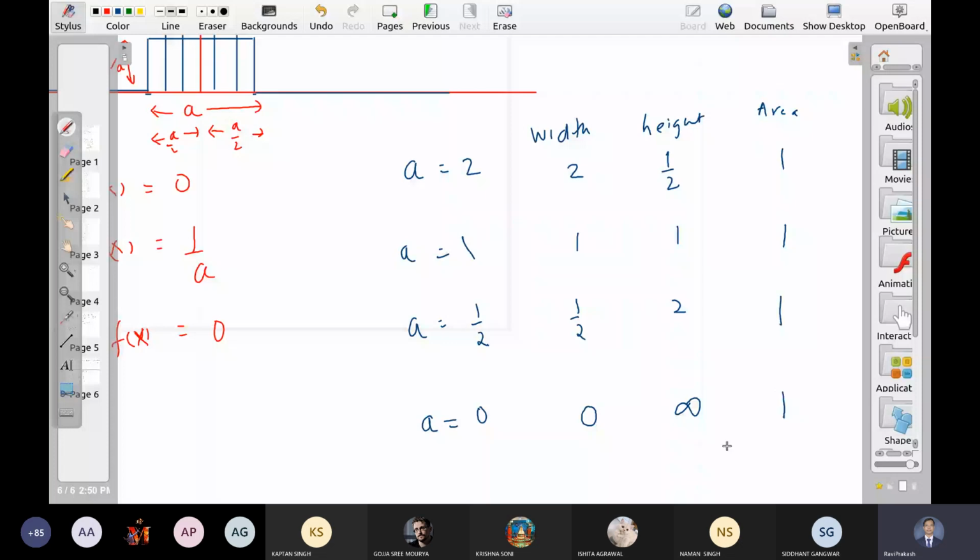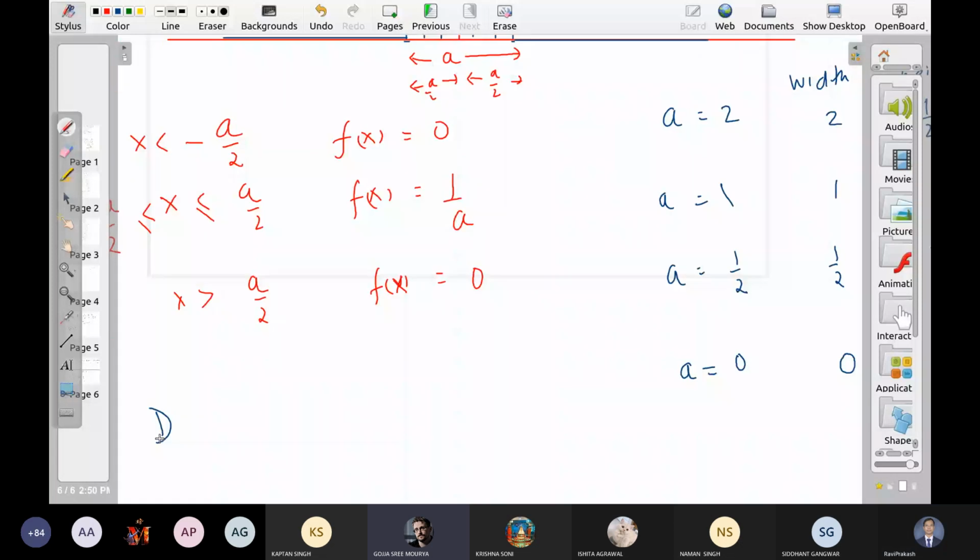Now what is the Dirac delta function? Dirac delta is this. Sir, width is 0 or it is tending to 0? Tending to 0 is the right one. Okay. So let's keep it tending to 0.